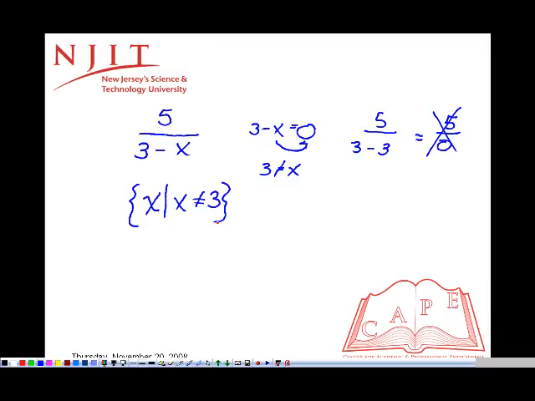Or we can write it in interval notation, which shows not what x can't be, but what x can be. If the only number that cannot be used is 3, that means every number below 3 and every number above 3 is a possible number to be used.